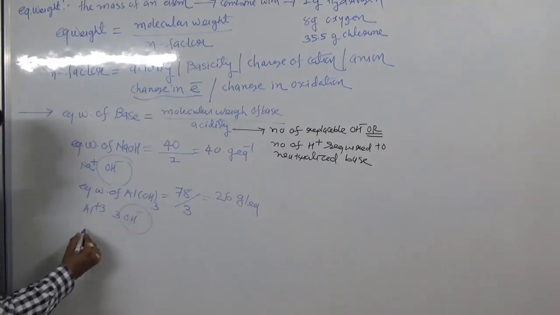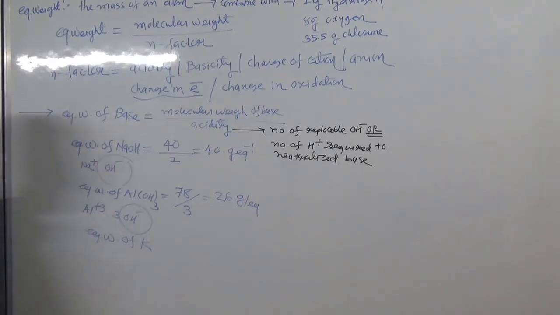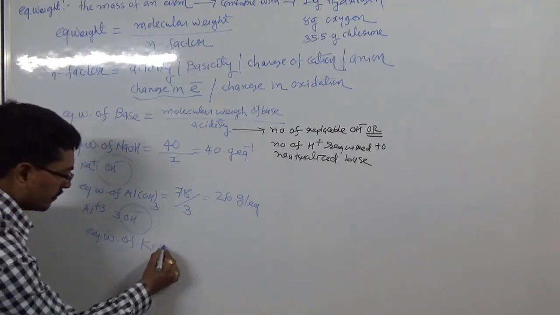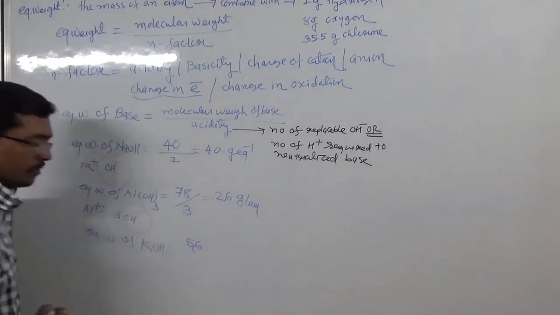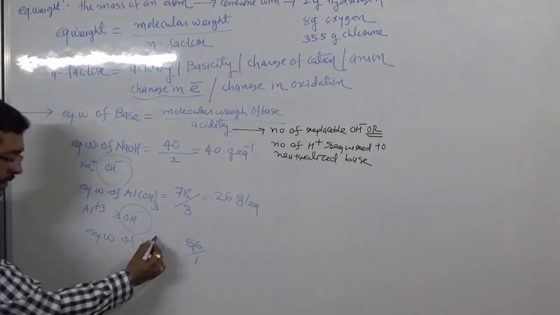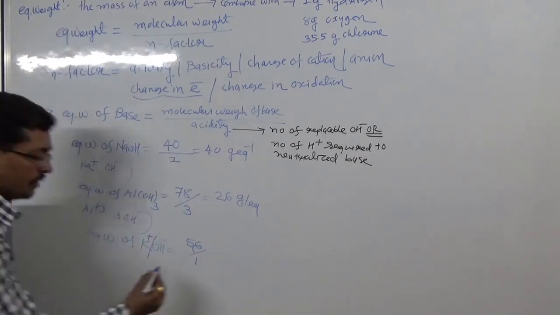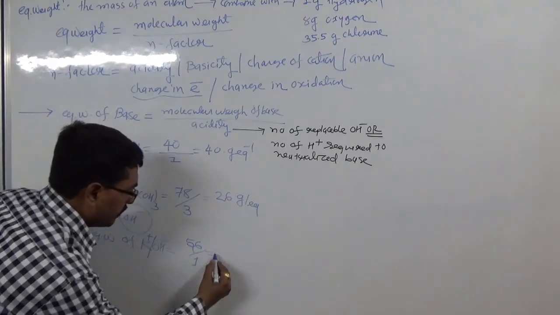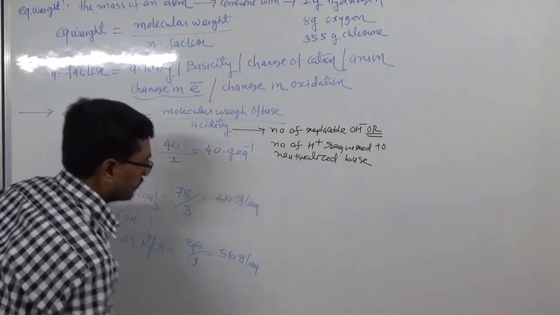In this way we can find the equivalent weight of different types of bases. Suppose I want to find the equivalent weight of potassium hydroxide: molecular weight 56 divided by 1, since the replaceable hydroxyl ion is just 1, so we get 56 gram equivalent weight.